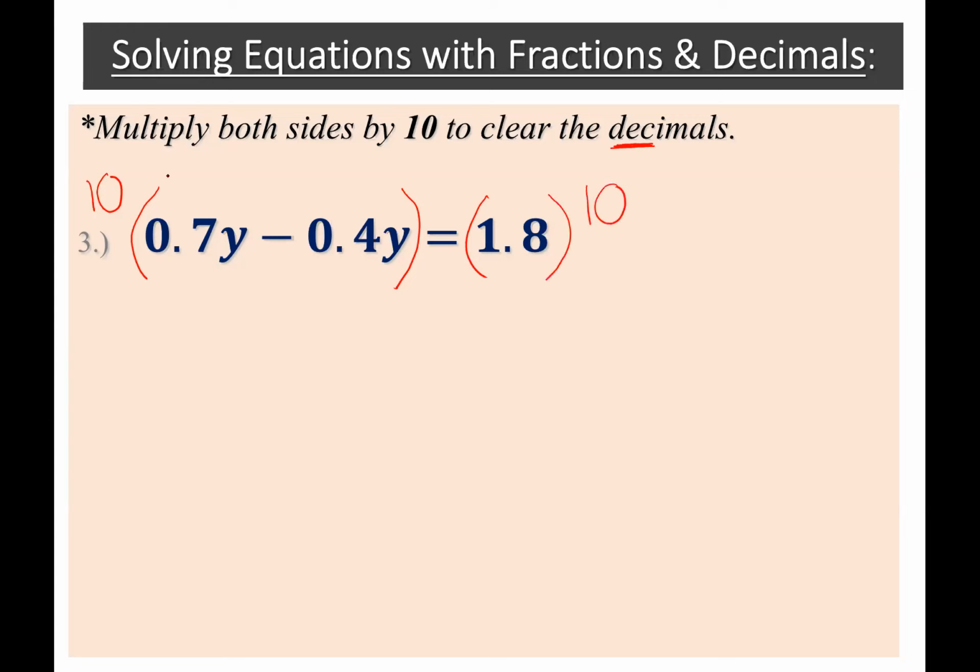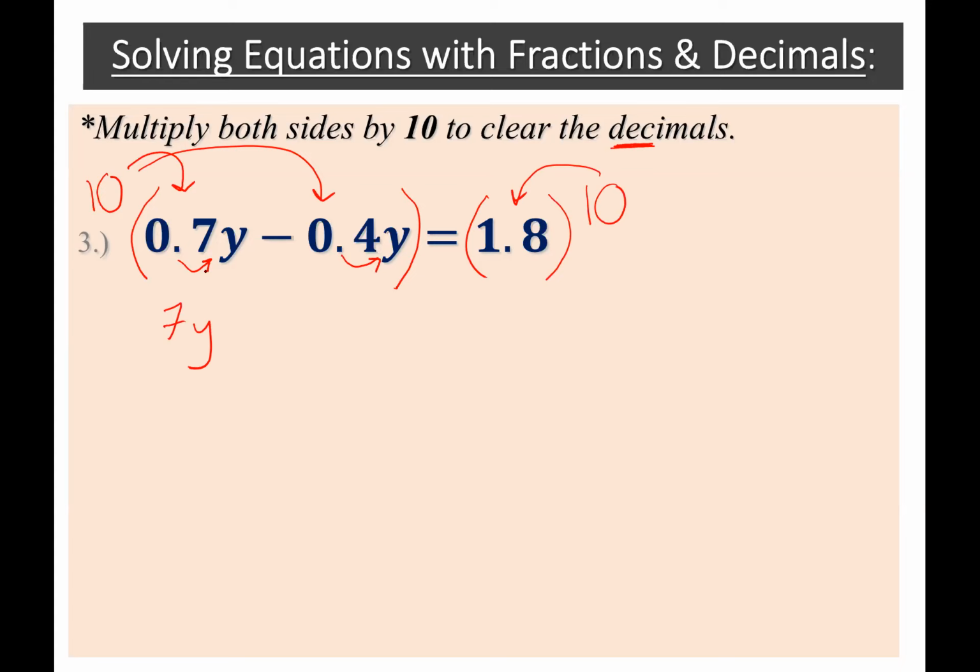Now this 10, I'm essentially distributing it throughout the whole problem. So 10 times 0.7y, the decimal moves, and it now becomes 7y. 10 times negative 0.4y just becomes negative 4y, because when you multiply a decimal by 10, you get to move the decimal point 1 place to the right.